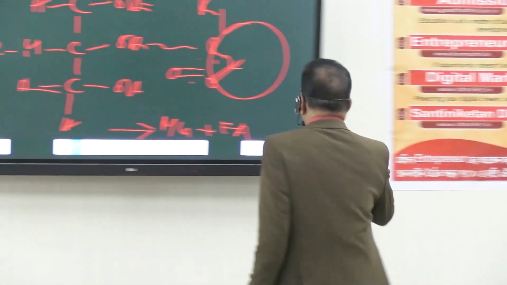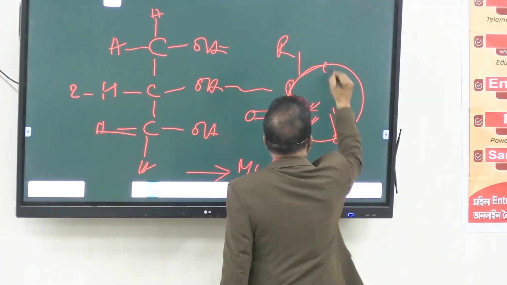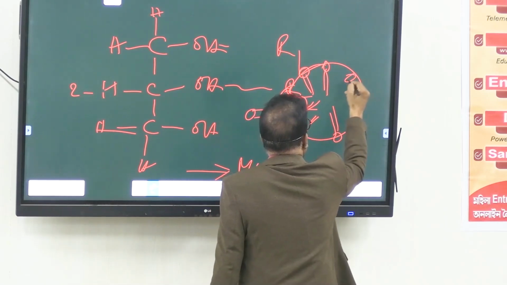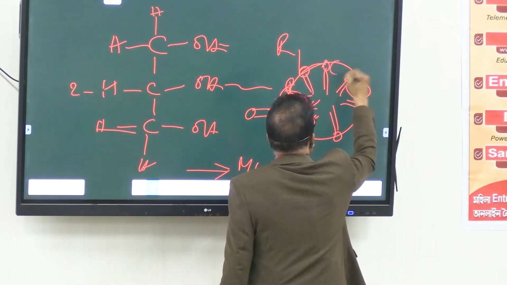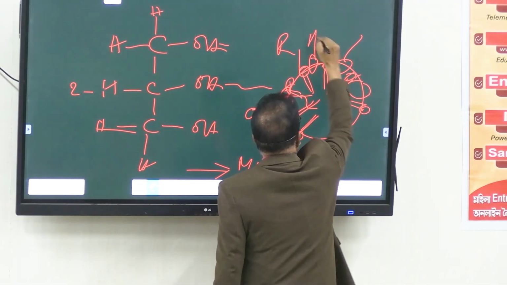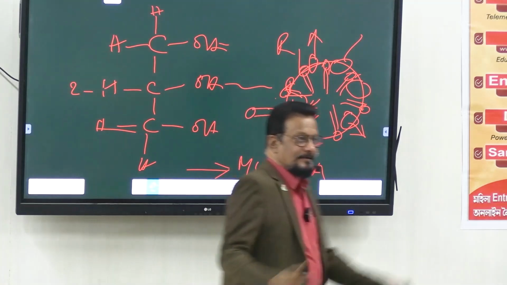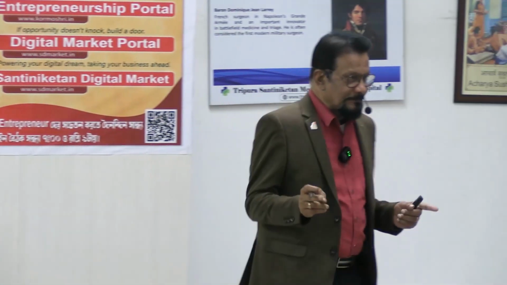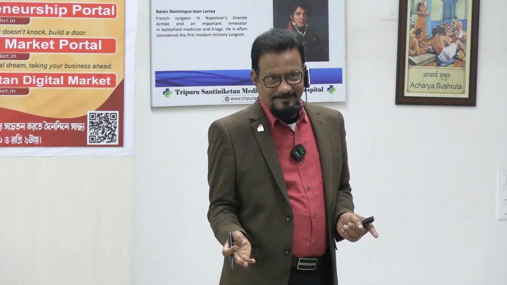A number of these will do this. As a result, what will happen? A part of the fat will be separated. Actually, they will reduce the surface tension. It will reduce the surface tension.